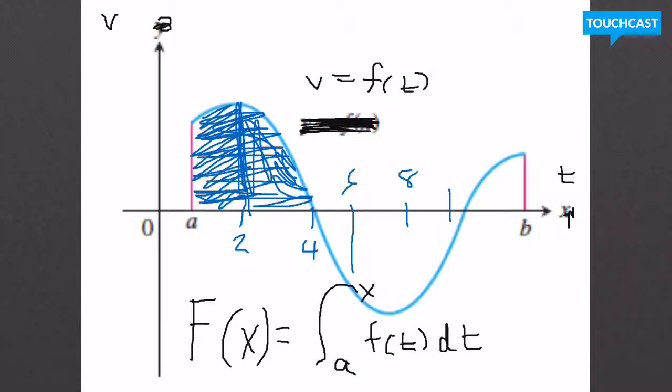And it might be that I want to find that distance traveled for a whole series of input values. So I might write a new function where capital F of x is the integral from a to x, the area between a and x under some curve, in this case f of t.